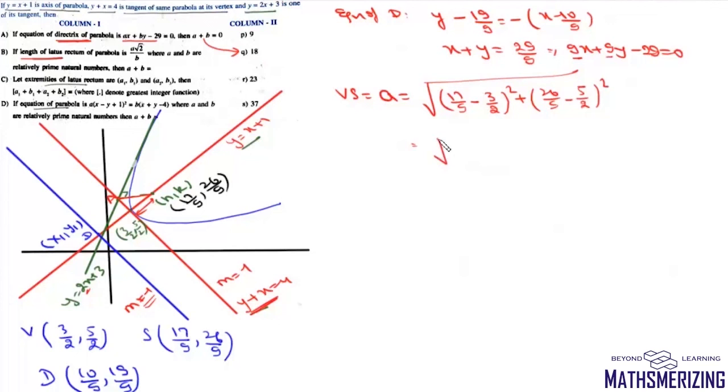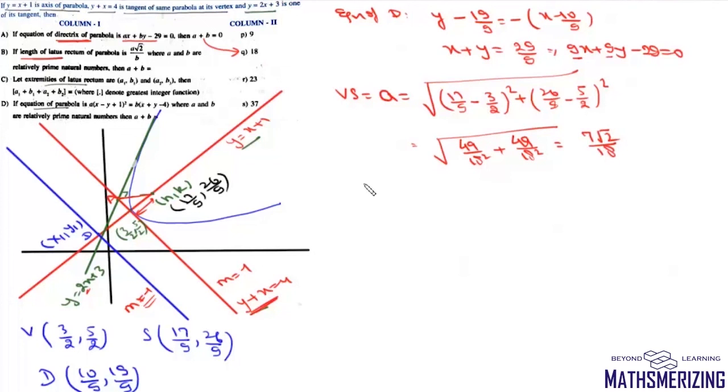So we'll get 32 minus 27, so that's 7 squared, 49 by 18 squared. And here it will be 52 minus 45, so again there'll be 49 by 18 squared. So we can write it as 7 root 2 by 18.